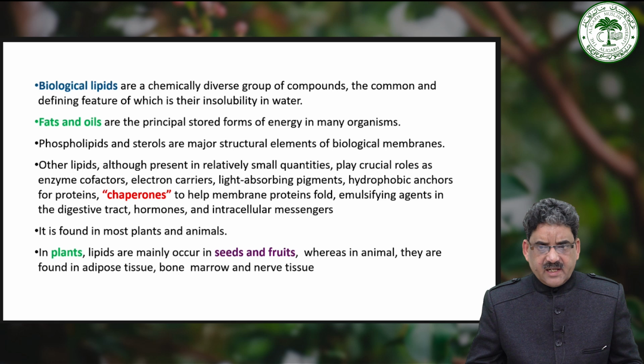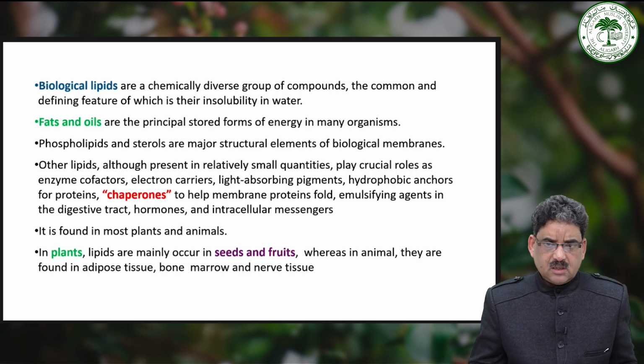This diverse array of roles underscores the versatility of lipids in biological processes, making them essential components in both plant and animal systems. In plants, lipids are predominantly found in seeds and fruits, while in animals, they are present in adipose tissue, bone marrow, and nerve tissue.